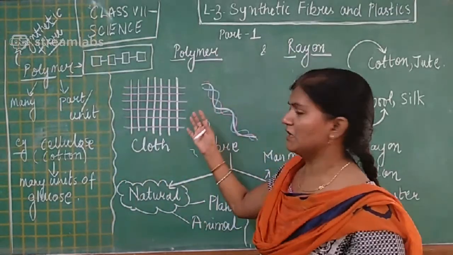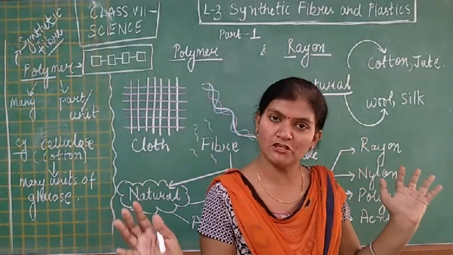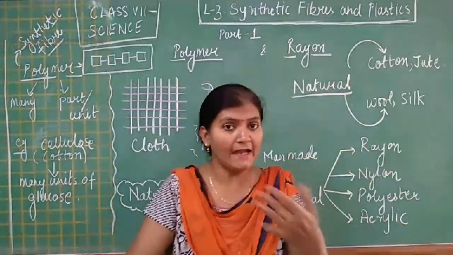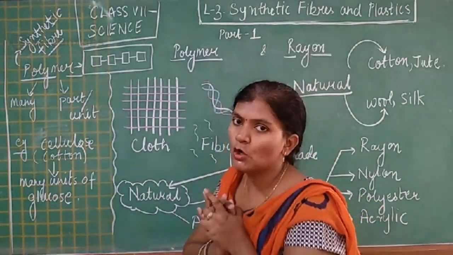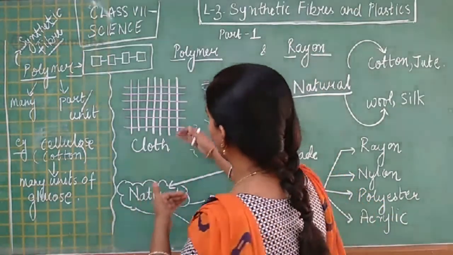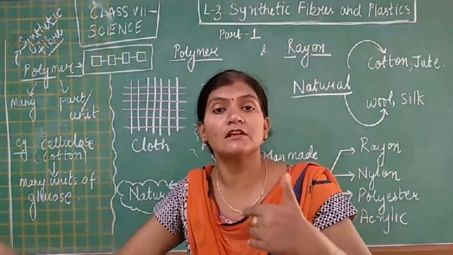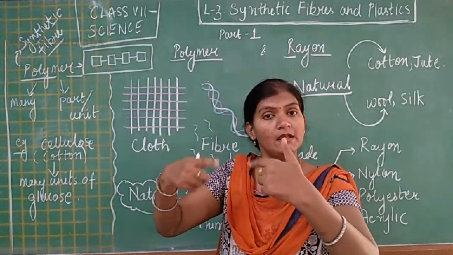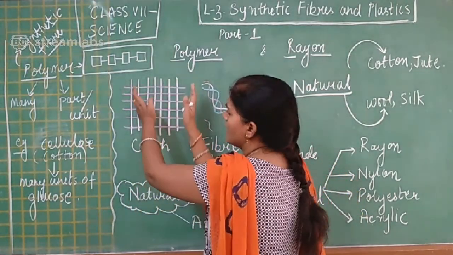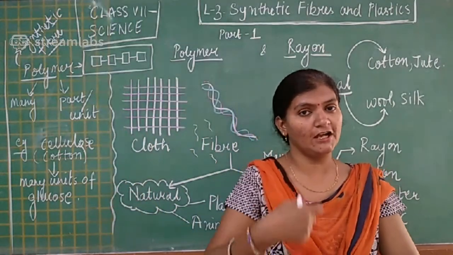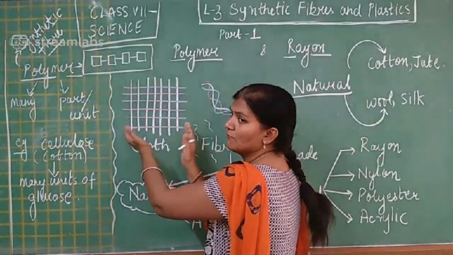If you see the diagram here, I have drawn this piece of cloth by arranging certain pieces of fibers in it. The pieces of fiber may be arranged in any manner. It may be arranged in a crisscross manner, it may be arranged in a twisted manner, and all the fibers are arranged, they are woven, they are knitted, so that we get the whole piece of cloth.